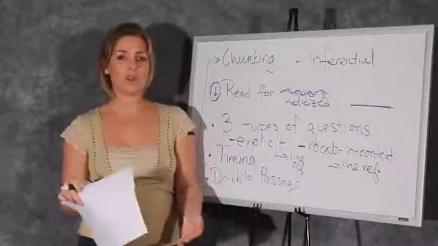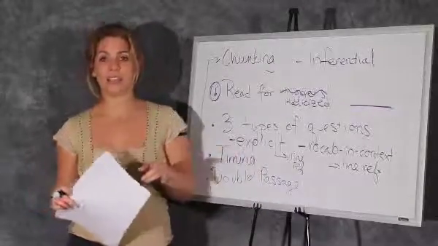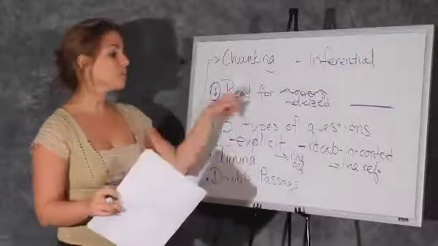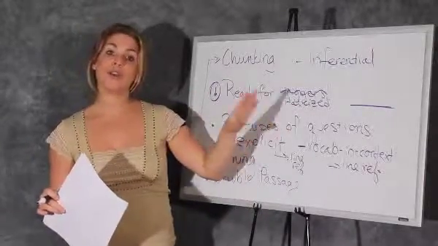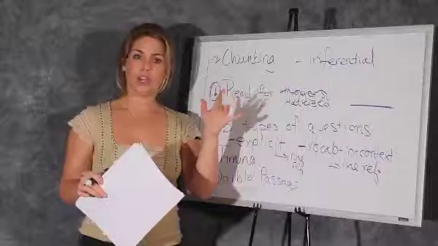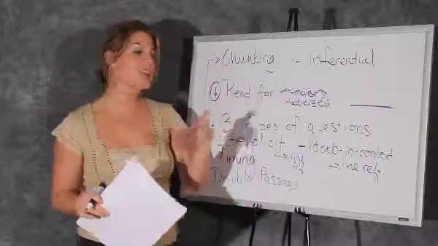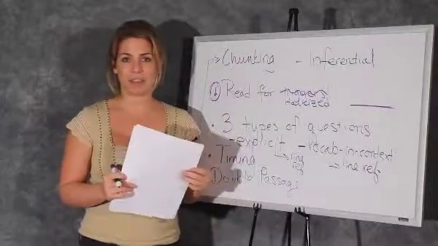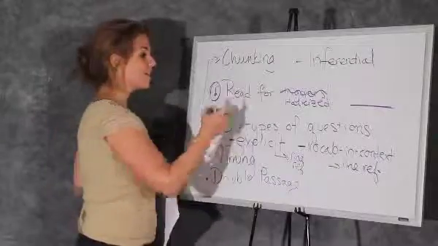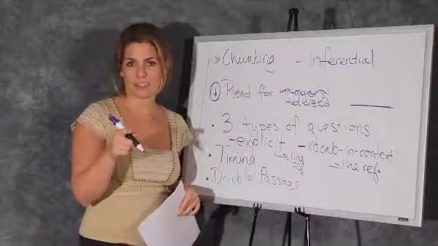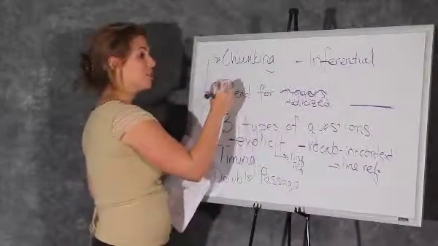But if you're a slow reader and you have major timing issues on this section, once you read the italicized section, you're not going to go to the passage. You're going to go to the questions, and you're going to do the chunking method. That means you're going to look at the line references of the specific questions that are similar.